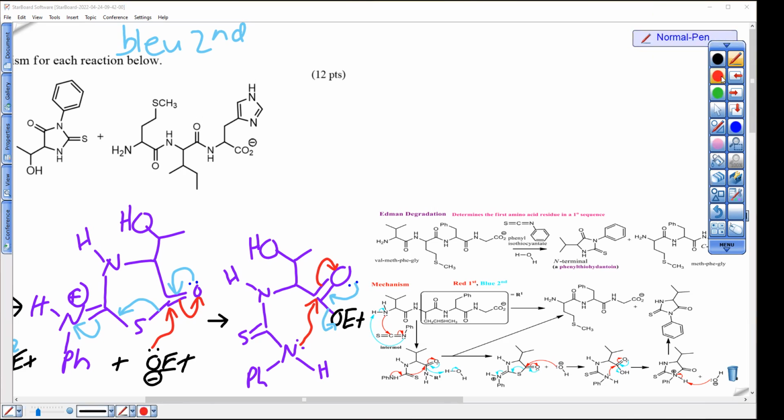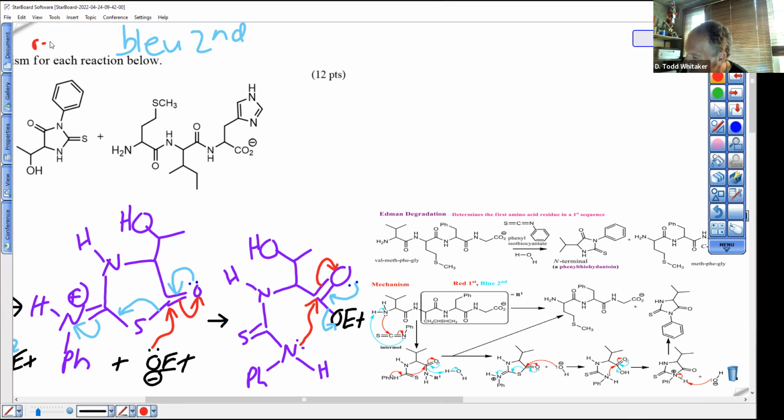Let's make a proper start here. Red first. Blue second. Gray third. Why not? Because you made OEt minus. Just put that off of an arrow here, maybe.